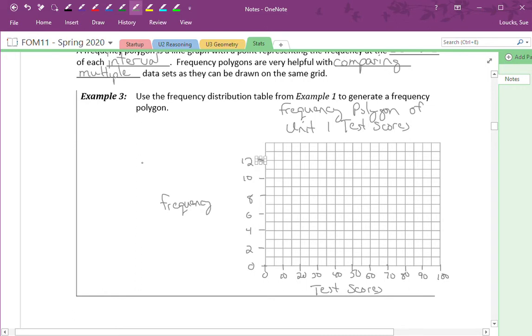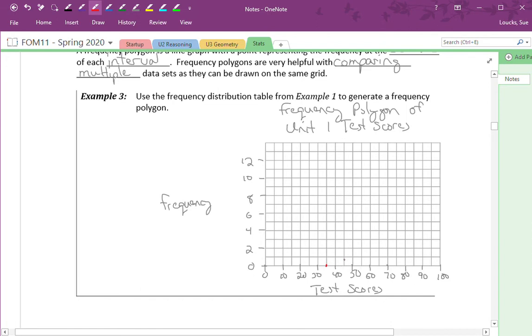What we're going to do this time that's a little bit different is we're going to put our dot in the middle of the range. So for 30 to 40, I'm going to do this in a different color. For 30 to 40, we had 0 data points in there. So I'm going to put a little dot there. And then for 40 to 50, we had 3.